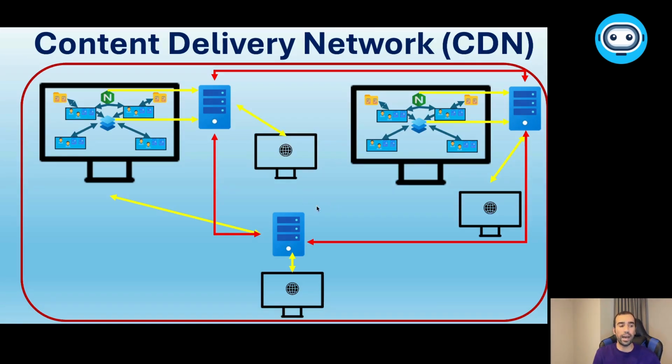This CDN fetches the static file from the actual web server and caches it in its own system. And since it's been cached, it can deliver the static content much faster to the user in Japan.